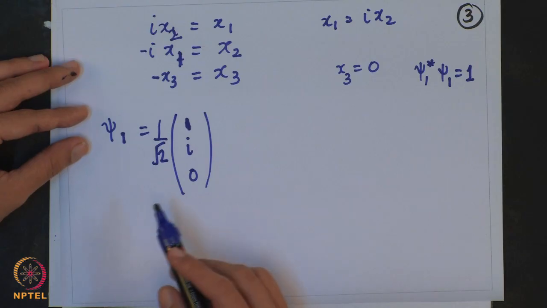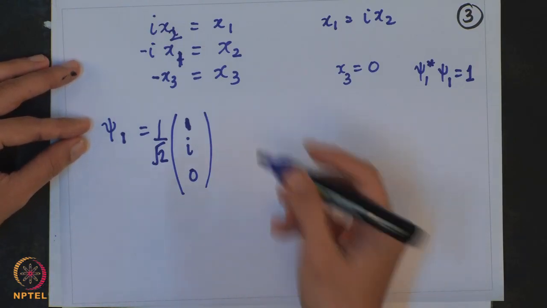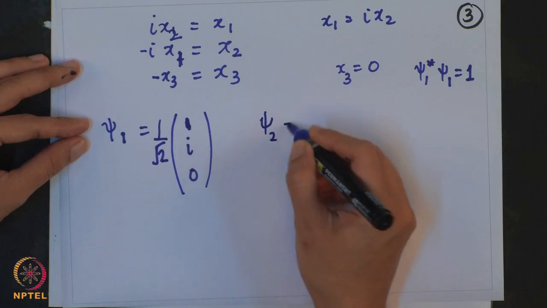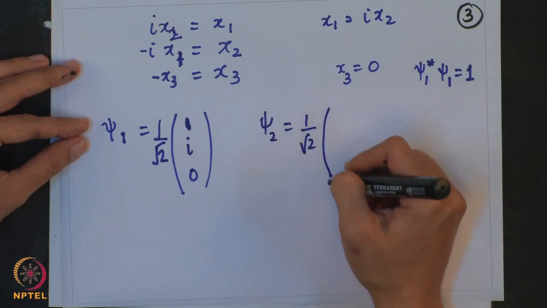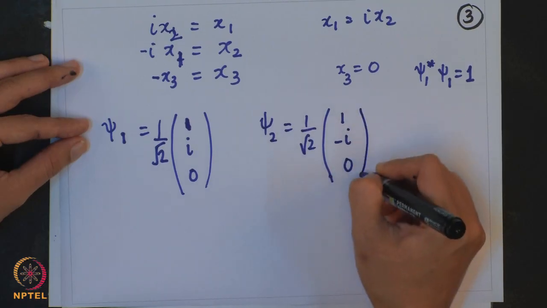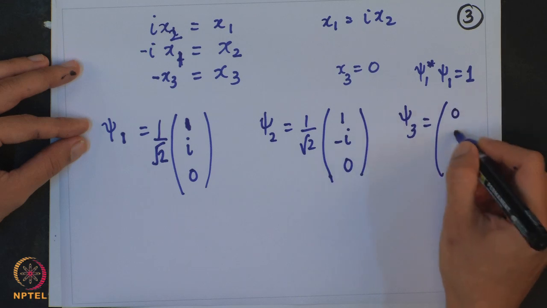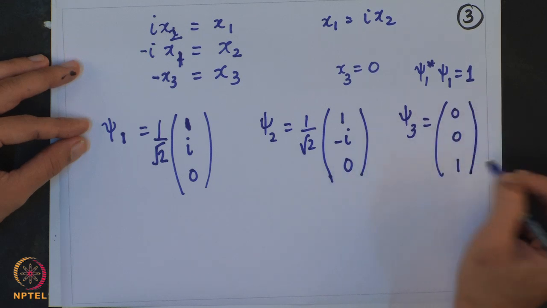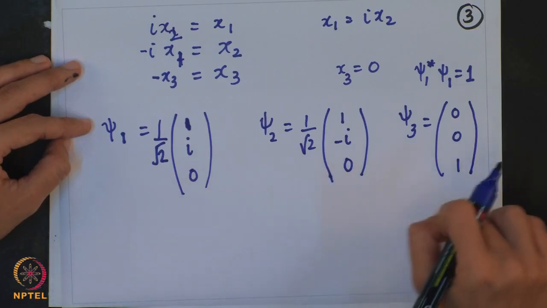With this you can similarly calculate psi 2 and psi 3. It is a simple task. You have here (1, minus i, 0), and psi 3 will be (0, 0, 1). I hope you will not have any difficulty in calculating psi 1, psi 2 and psi 3.